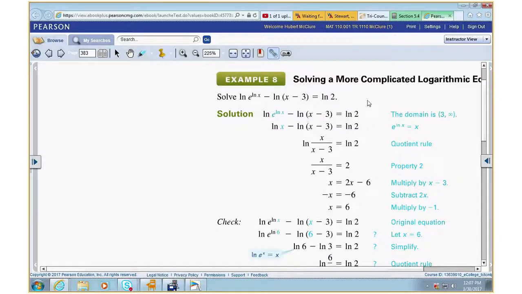And again, what law are they using? They're using a definition here to get the natural log of x. That blue right there, there it is. All right, but what did they do here? What does that minus mean? Division. They're rewriting.